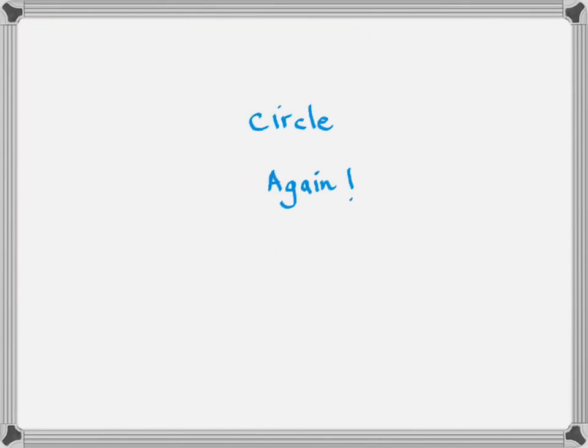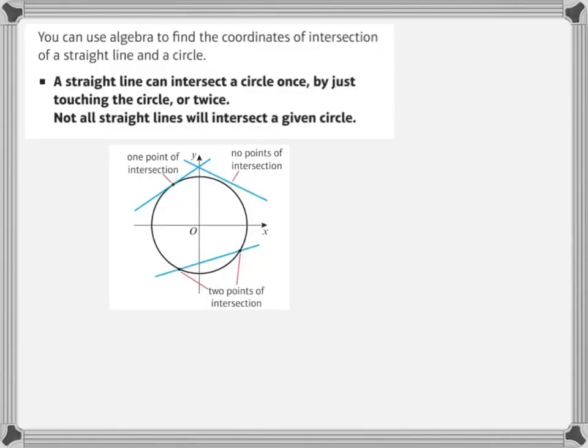Now, circle again. We understood the concept of discriminant. We understood the concept of completing the square method from the quadratics. Now we would be applying the concept of discriminant with respect to a circle. The same concept is there.